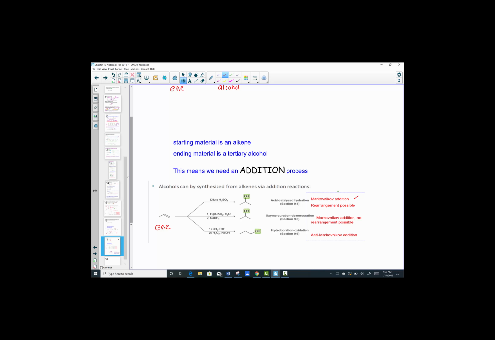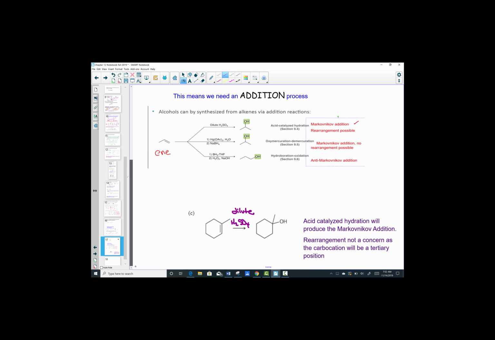Looking at your beginning and ending structure, a dilute treatment of acid catalyzed hydration, because we really don't need to worry about rearrangements here, because the carbocation that forms will be on the most substituted position as it is.